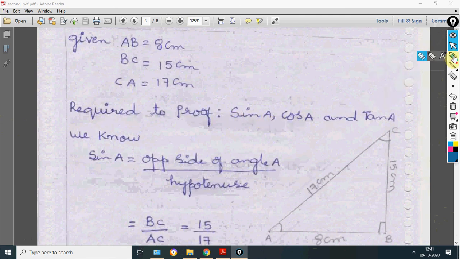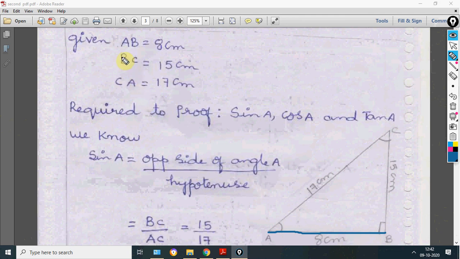What is the formula of sin A? Sin A equals opposite side by hypotenuse. First of all, for any trigonometric formula, we should draw a rough figure. See here, I am drawing this. AB is given, so we draw AB, placing A here and B here, and writing 8 centimeter.